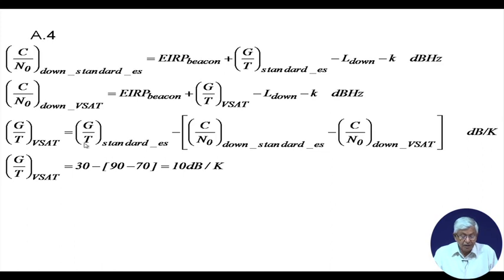The values are G by T of the standard earth station given as 30 dB per K, and C by N naught measured at the standard earth station and VSAT are 90 and 70. If you put these into the expression, you get G by T of the VSAT as 10 dB per K. This is the method of measurement of G by T by the comparison method. So, the correct option is A.